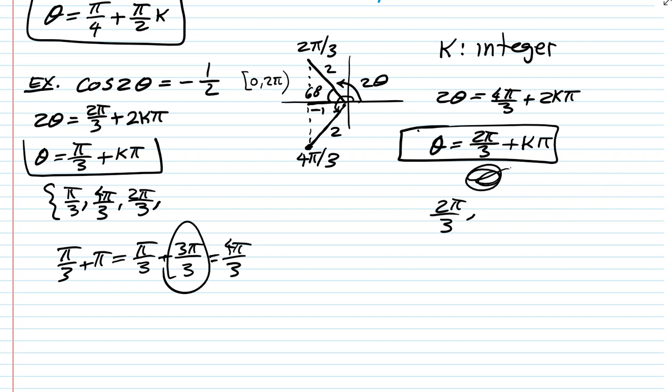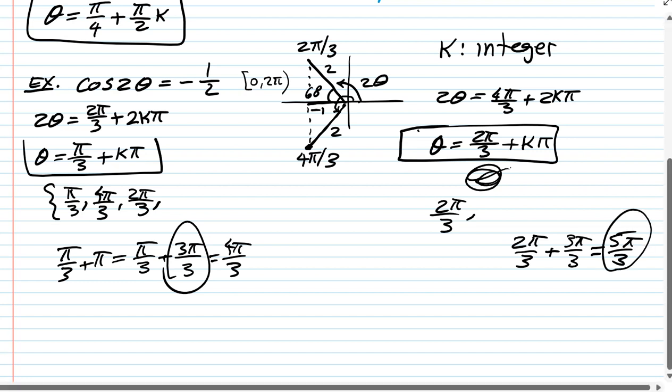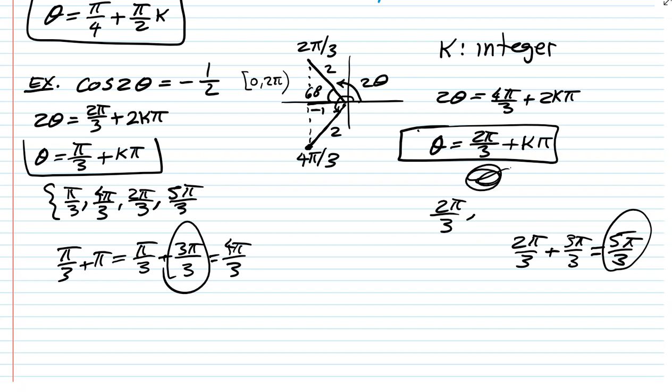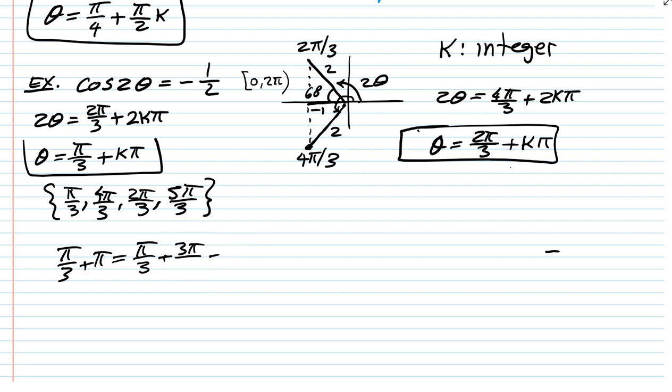When k is 1, we get 2 pi over 3 plus pi, and that's 5 pi over 3, just shy of 2 pi. 5 pi over 3, and we stop. There you go. So that'll be the solution to this trig equation. All right, we picked up 4 distinct solutions in 0 to 2 pi.